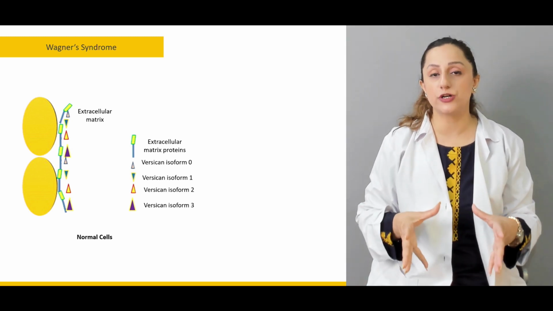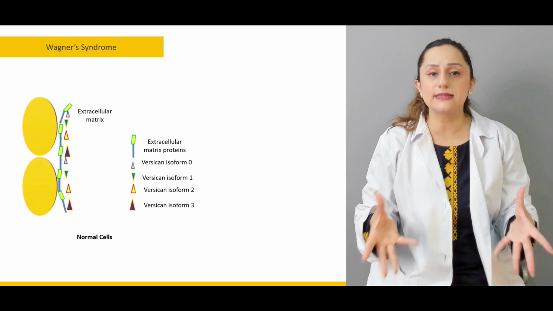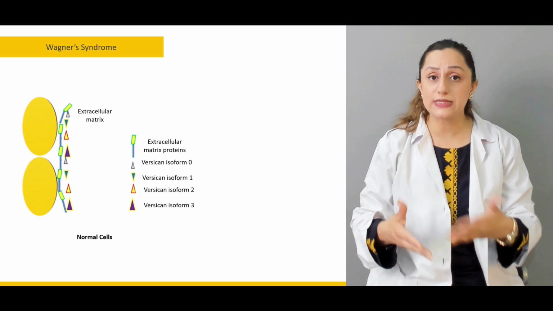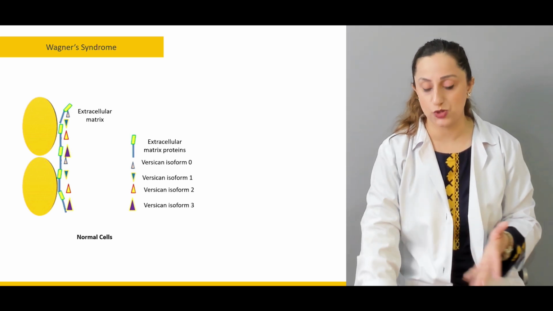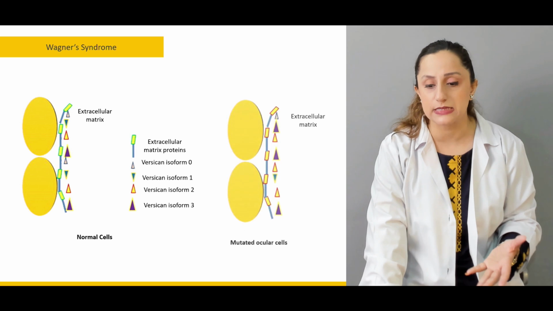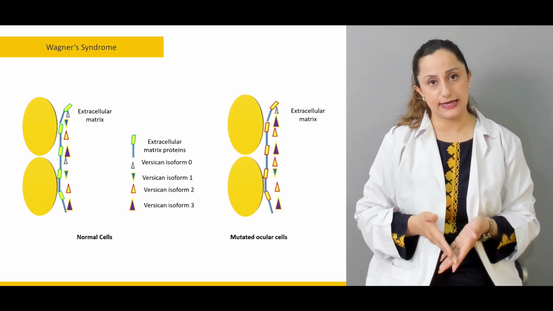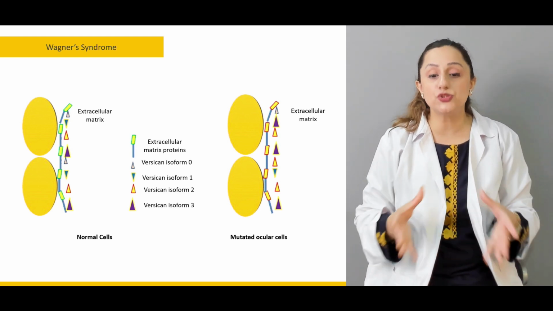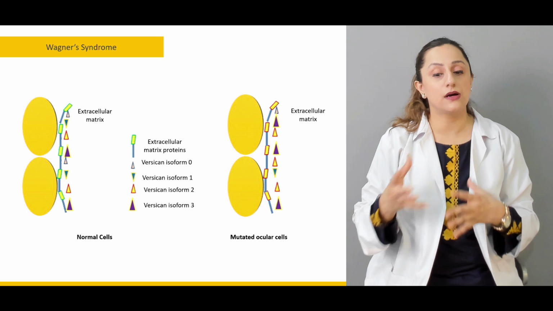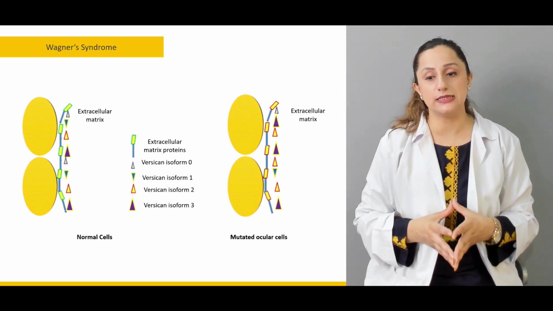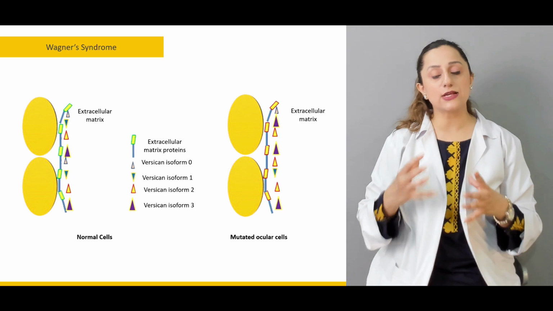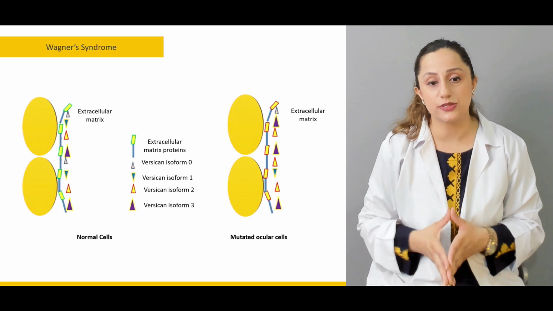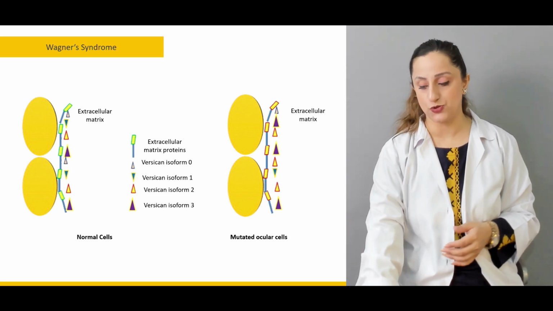So these isoforms are basically what comprise the extracellular matrix in the retina of an individual in a normal eye. If it is a mutated ocular cell, the arrangement of these versican isoforms would be quite mutated in these individuals. Even the extracellular matrix proteins are sometimes malpositioned in individuals suffering from Wagner's syndrome.